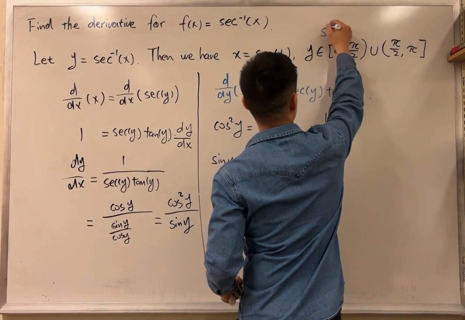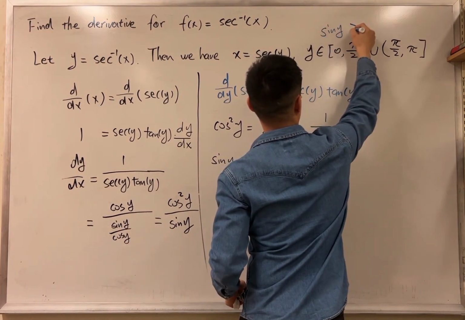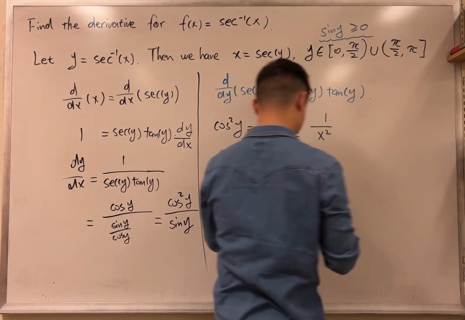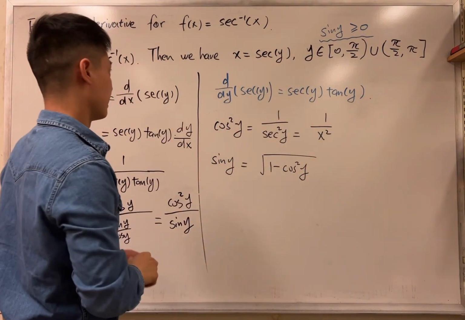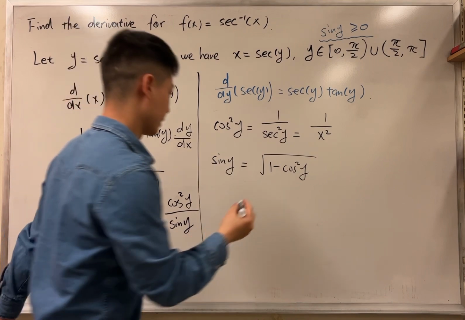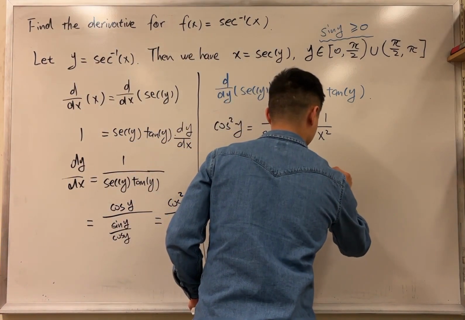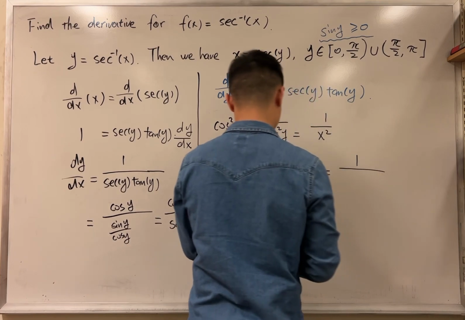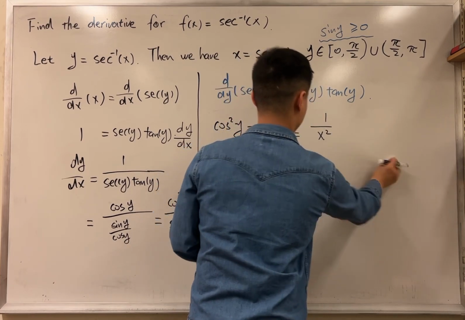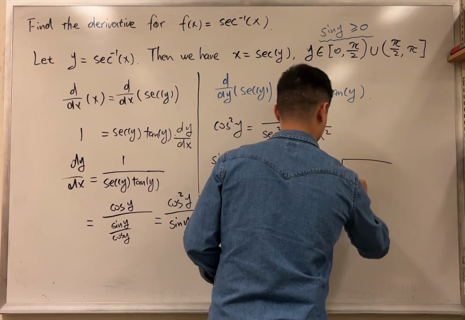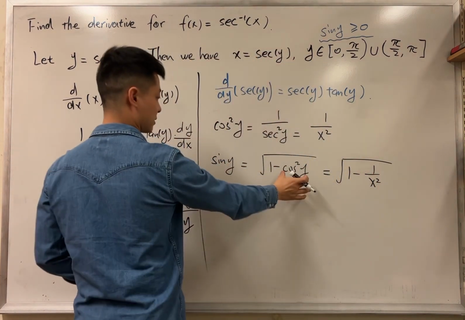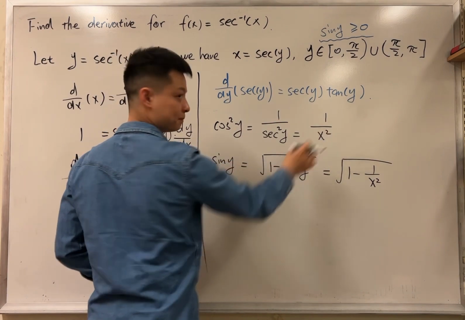Sine of y is positive because of this. And then that's going to take us to 1 divided by the square root of 1 minus 1 divided by x squared, by replacing this with that.